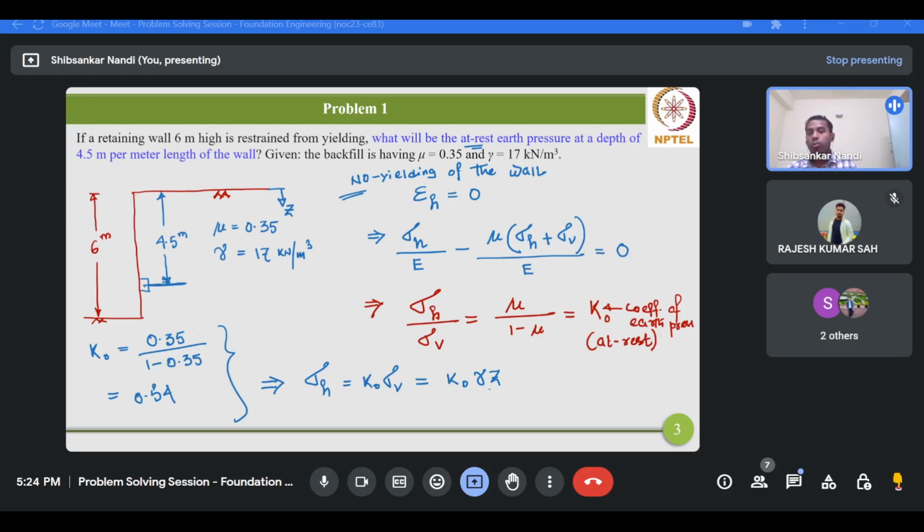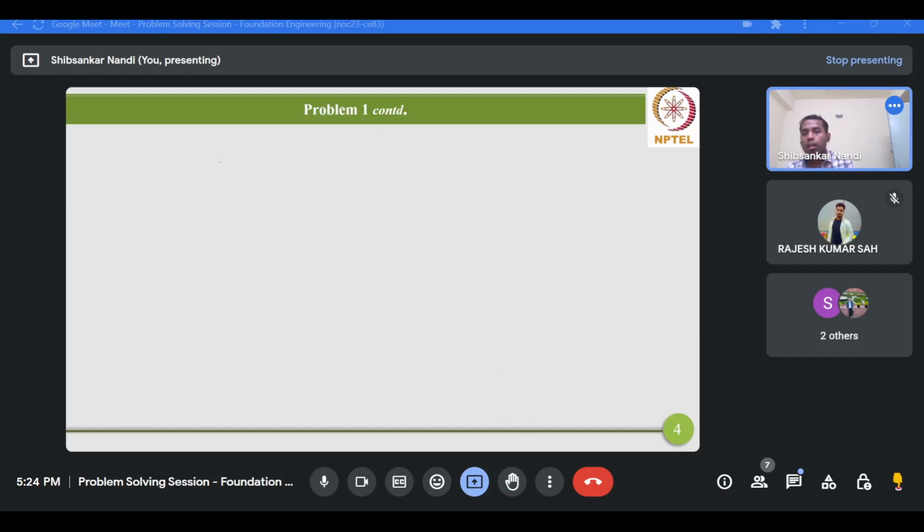Right now we are determining it at a depth of 4.5 meter, and the gamma value is given as 17 kilonewton per meter cube. So we'll substitute these values. Sigma h would be 0.54 multiplied by 17 multiplied by 4.5.